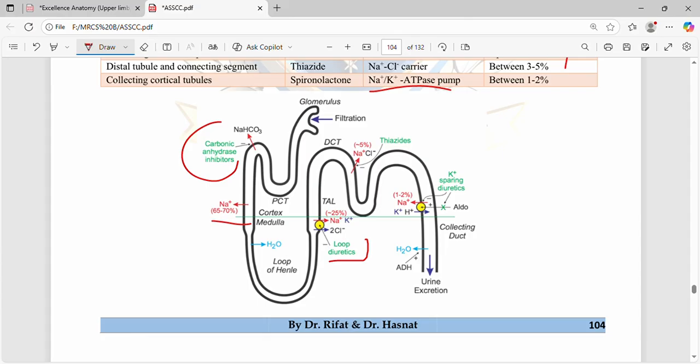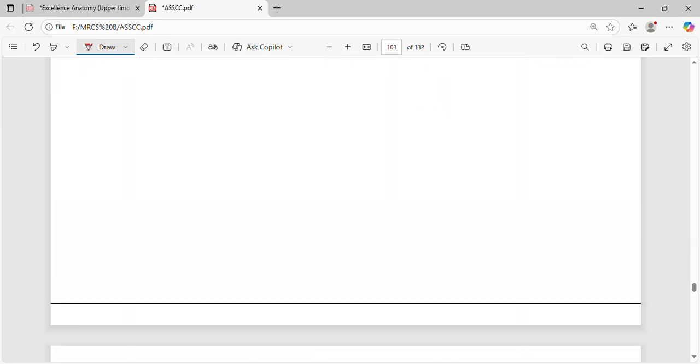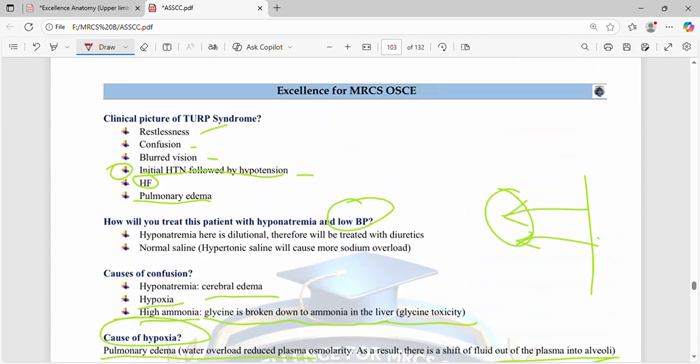Then we have the distal convoluted tubule, where the sodium chloride co-transporter is blocked by the thiazides. And then we have the potassium sparing diuretics, where they block sodium potassium ATPase. So yes, this was all about TURP syndrome.